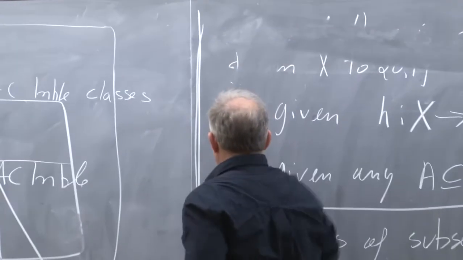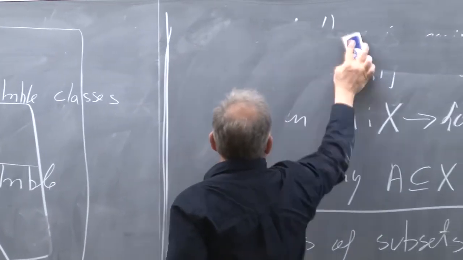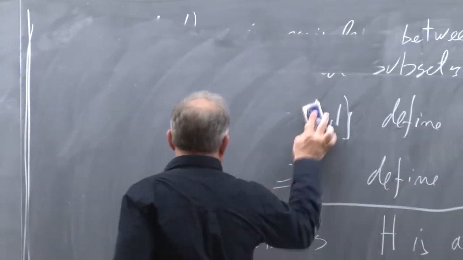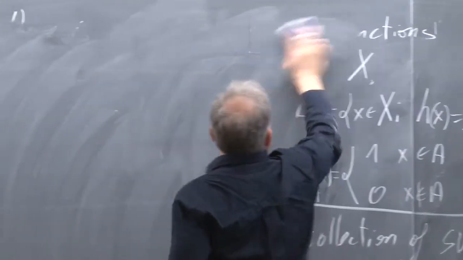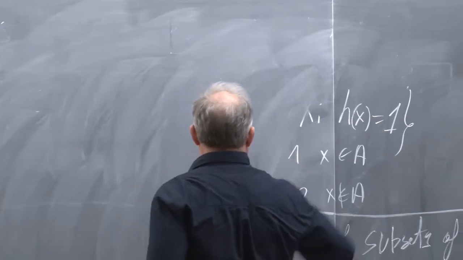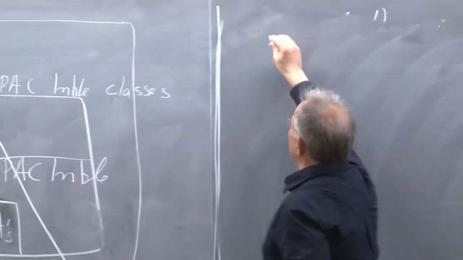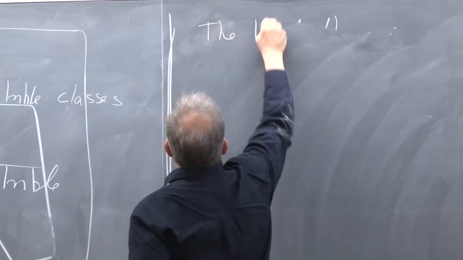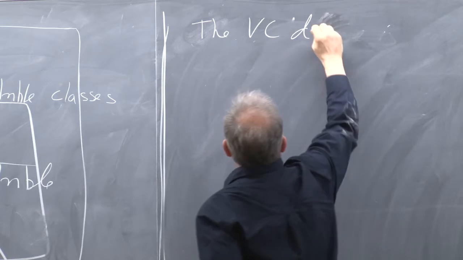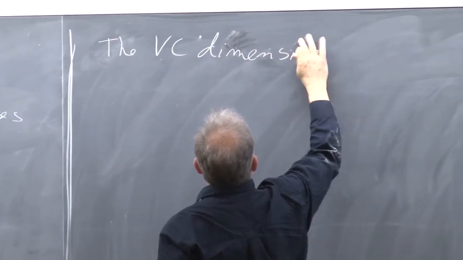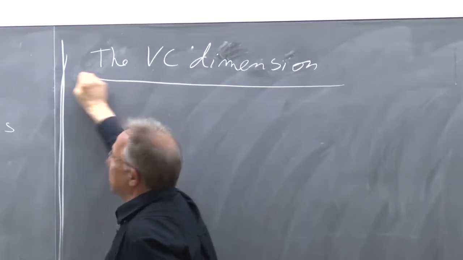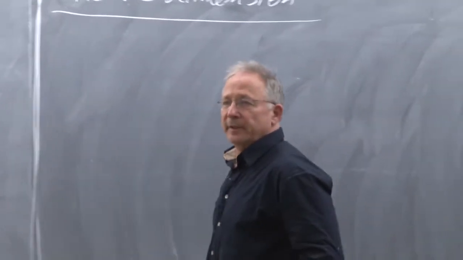So now we can define the important notion of VC dimension. VC stands for Vapnik-Chervonenkis.